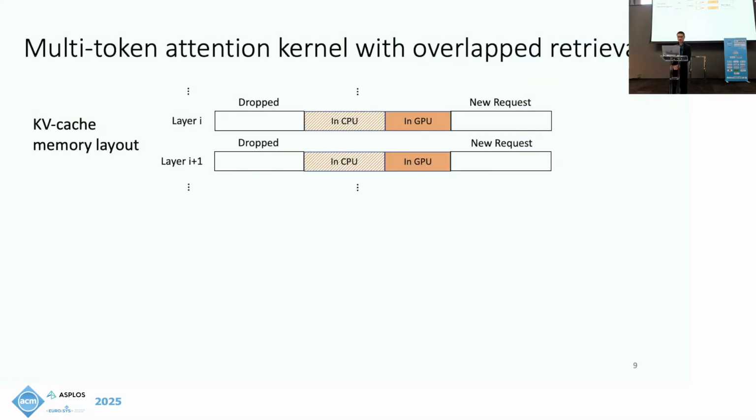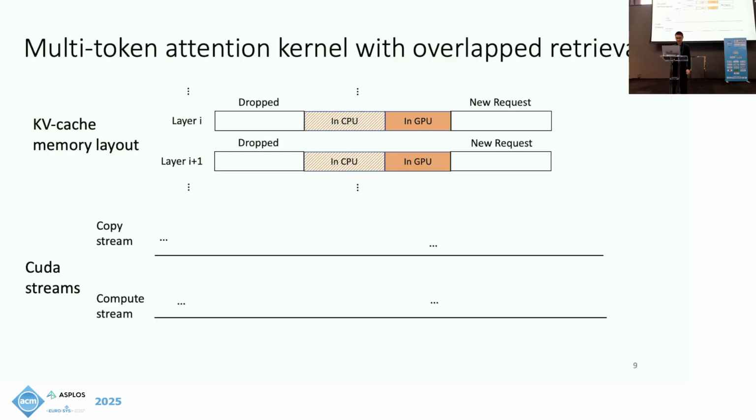Here our solution is a customized multi-token attention kernel with overlapped KV cache retrieval. Each token's KV cache spans across multiple layers evenly, and when we evict a token, we will evict the KV cache from all the layers equally. So this makes the KV cache layout for all the layers the same as each other.